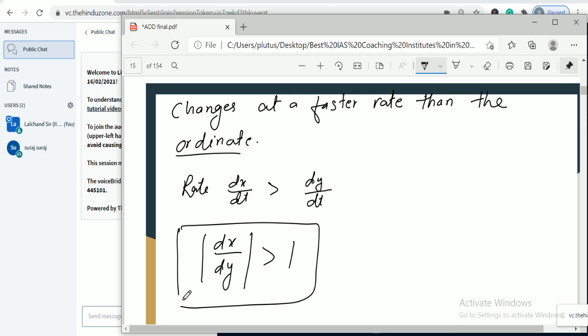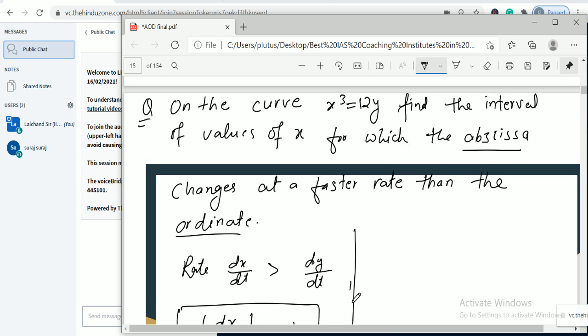Can we say this? Mod means we are talking about absolute rate. We are not talking about the negative sign, whether increasing or decreasing. Okay. So what is the value of the curve?